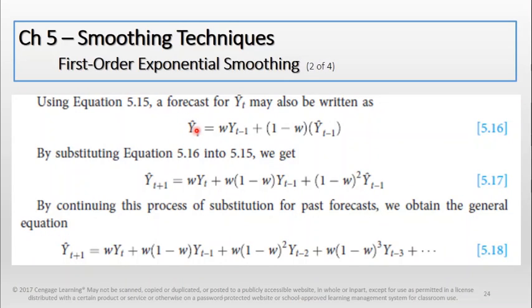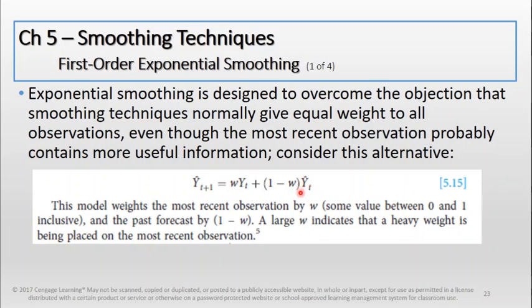So you derive it too, guys. You can derive it yourself, applying algebra. Then, by substituting 5.16 into the 5.15 equation, plus your 1 minus W yt, the formula for yt is what you substitute there.